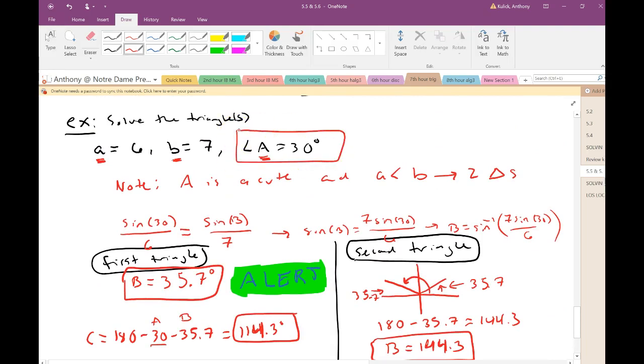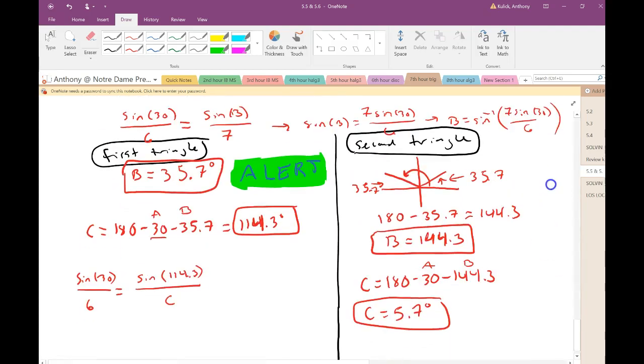That applies to both triangles. We found B was either 35.7 or 144.3. If B is 35.7, angle C has to be 180 minus 30 minus 35.7. Yes, that's essentially it.